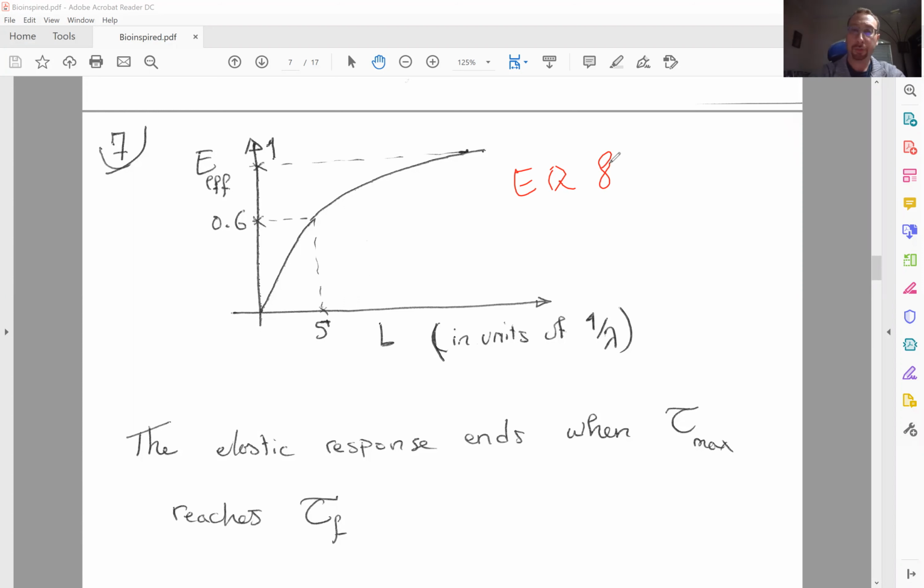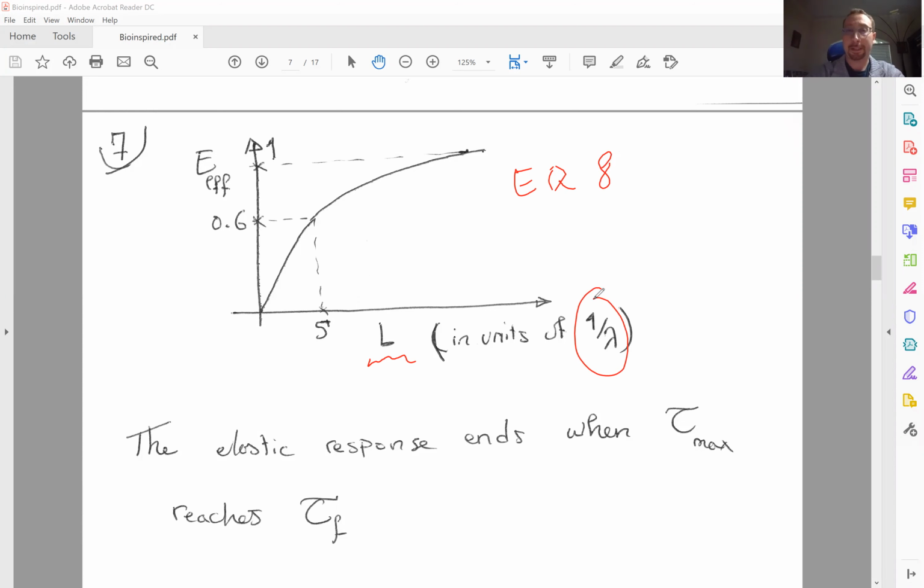Again, the x-axis is the product lambda L, where L is the overlap length in units of 1 over lambda. Remember, lambda is 1 over length, so 1 over lambda is length.